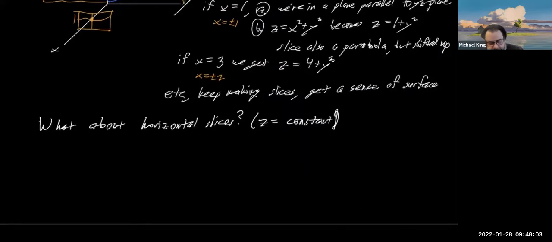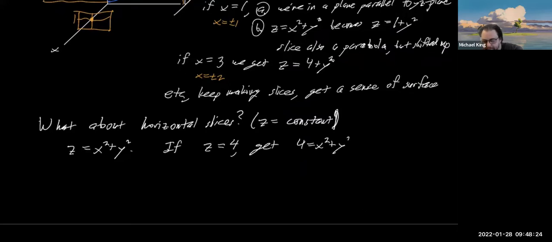So for example, for z equals x squared plus y squared, if z is constant, if z is like 4, we get 4 equals x squared plus y squared.